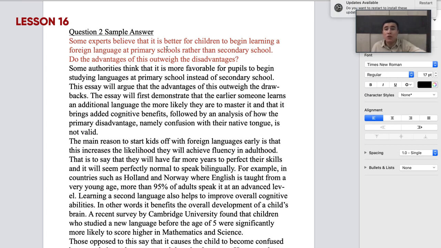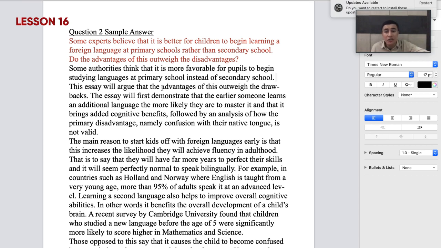So first we will start with the paraphrased question. Okay, some authorities think that it is more favorable for pupils to begin studying languages at primary school instead of secondary school. Now we are going to write a thesis statement.